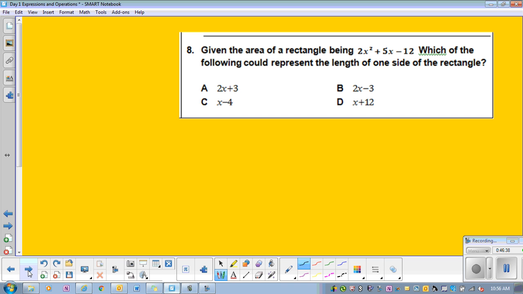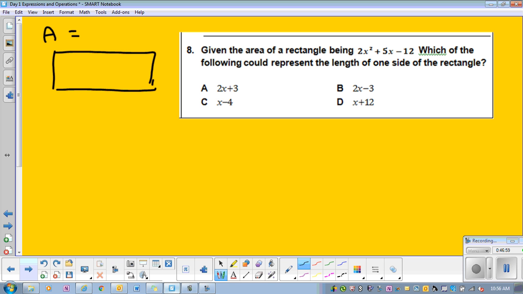Okay. So this one says, given the area of a rectangle being 2x squared plus 5x minus 12, which of the following could represent the length of one side of the rectangle? Guys, what is the formula for area of a rectangle?